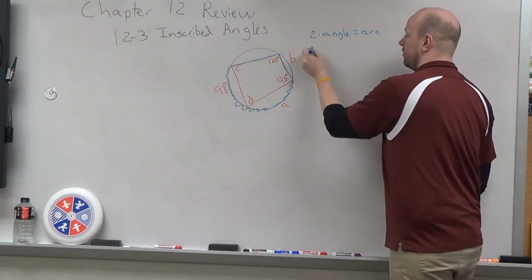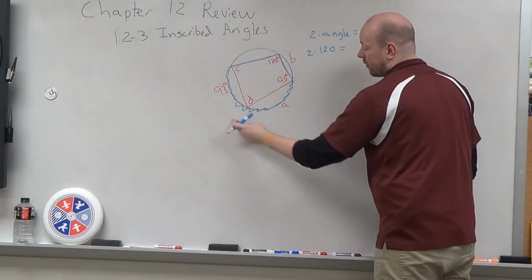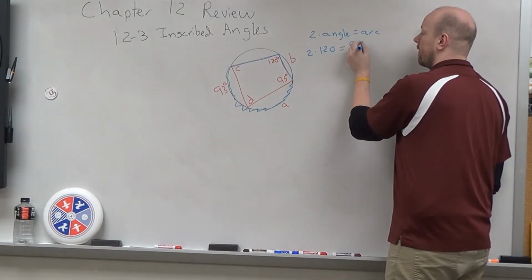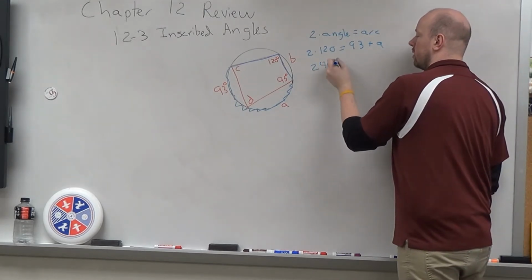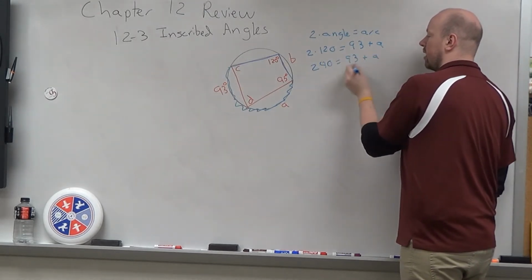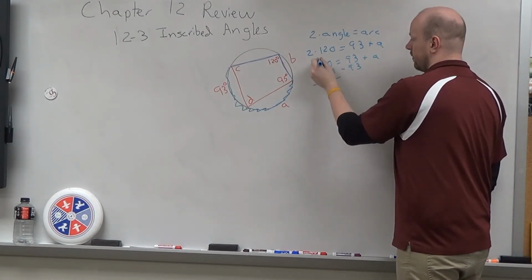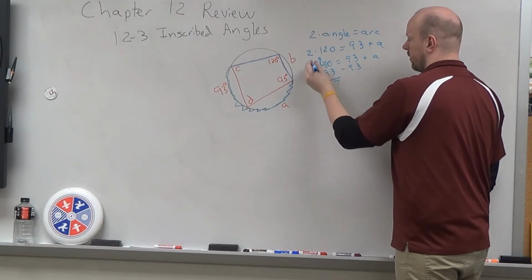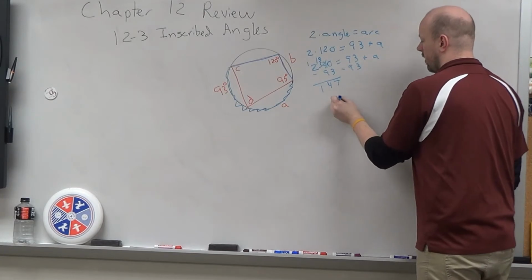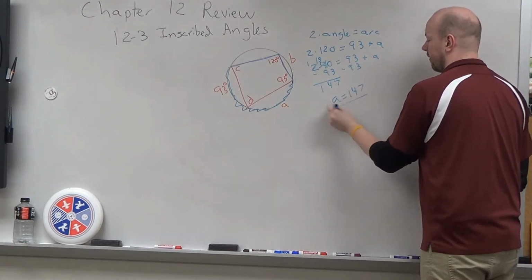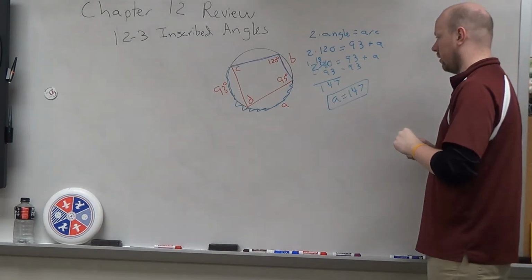So 2 times 120 is going to equal the entire arc, which is 93 plus A. 2 times 120 would give me 240, equals 93 plus A, minus 93, minus 93. So A is 147. Okay.